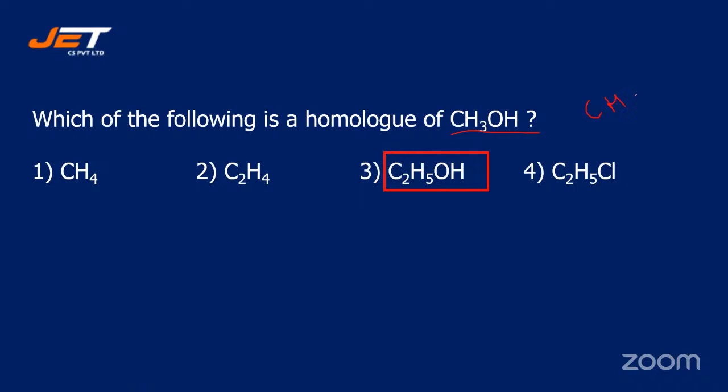In the next, one carbon will add to it and two more hydrogens will add additionally. So C becomes C2, and 3H plus 2H becomes C2H5. Because it is an OH group, the homologue should also be an OH group, right? So the correct answer will be C2H5OH. Okay, students?